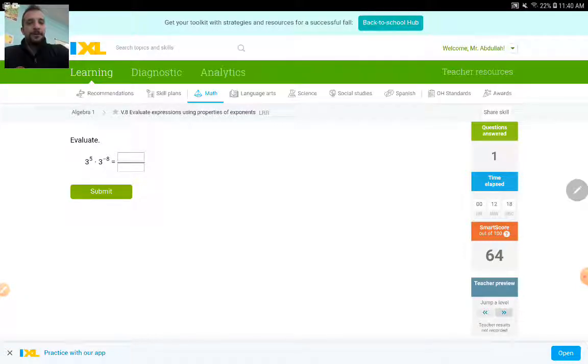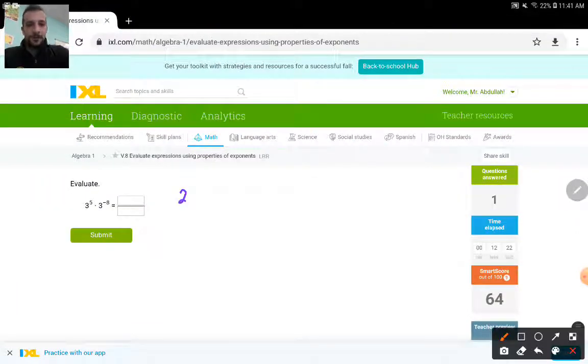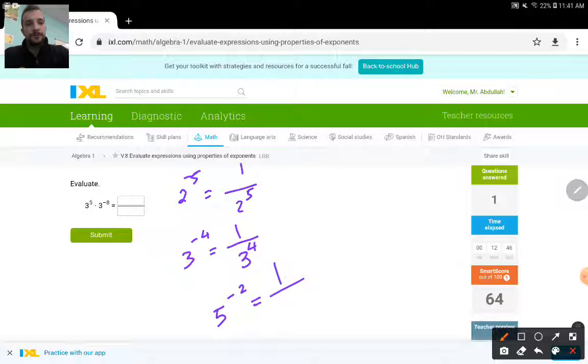So here are some examples. 2 to the power of negative 5 means 1 over 2 to the power of positive 5. 3 to the power of negative 4 is 1 over 3 to the power of positive 4. 5 to the power of negative 2 is 1 over 5 to the power of positive 2.